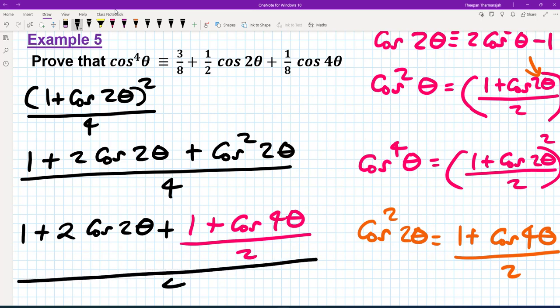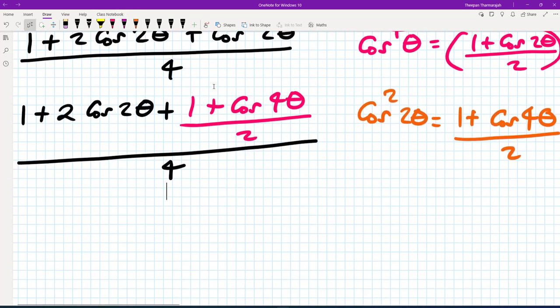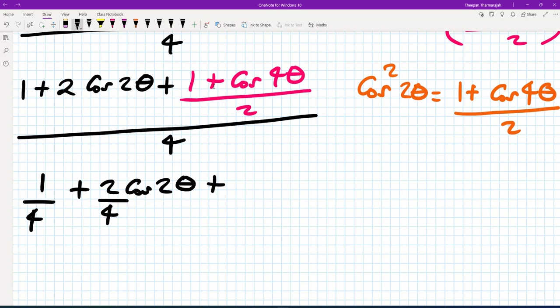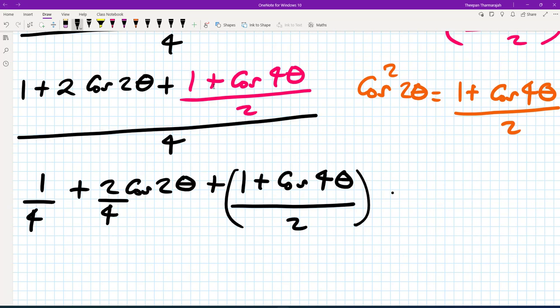Like so. Now what I'm going to do is separate the fractions. So I'm going to get 1 over 4 plus 2 cos 2 theta over 4, like so. And then do 1 plus cos 4 theta over 2. And I'm going to put all of this like this and say divided by 4 for a reason.